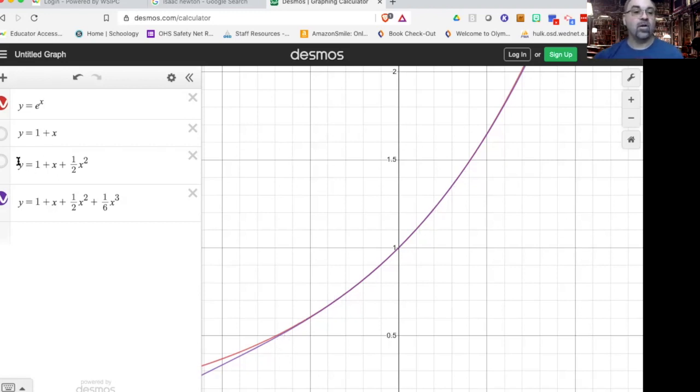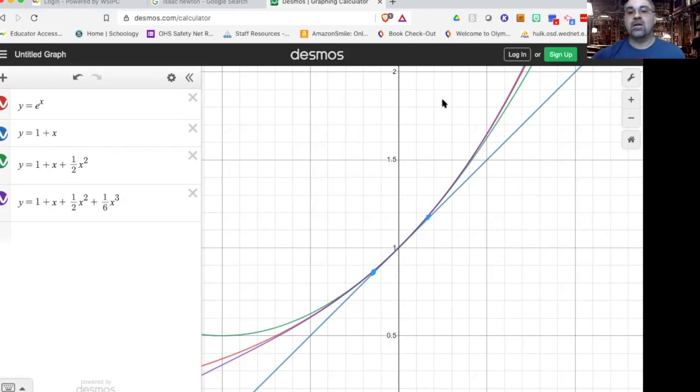I'll put all of them on here so you can see the comparison. The blue line, linear approximation's good, but you really do have to stick pretty close. Once we get out past about here and about here, the blue line starts to visibly diverge from the red graph.